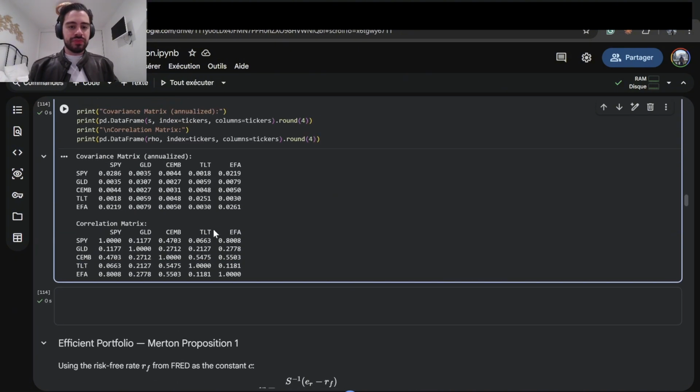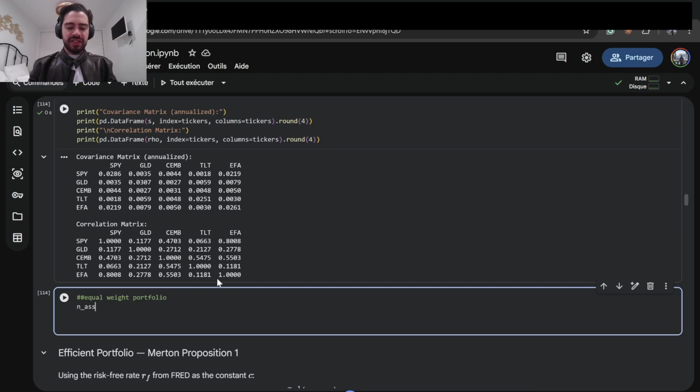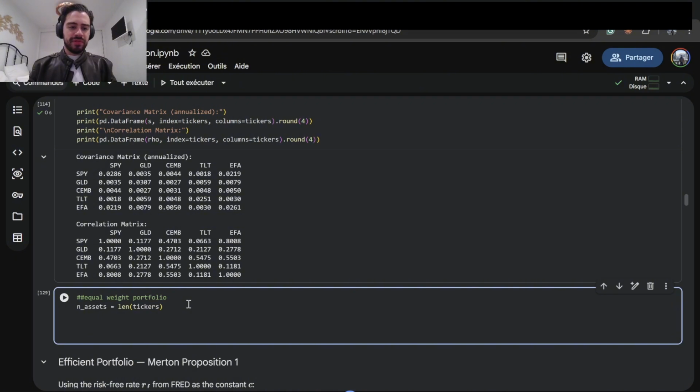So, quite basic. I'm going to show an example of how you would calculate these values with a matrix. Let's see an equal weight portfolio. Let's get the number of assets we have: use len of tickers, and it's going to be 5. Then you get the weights.